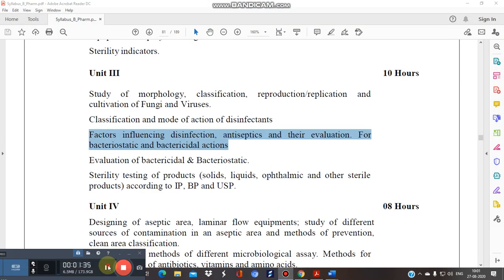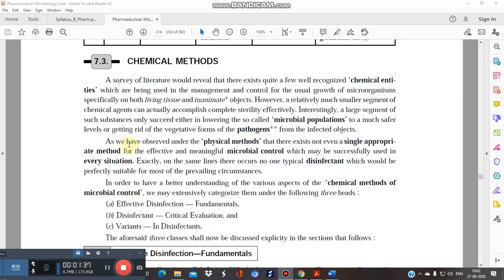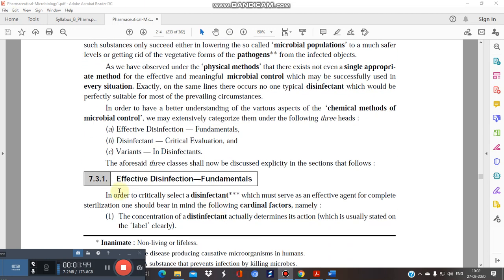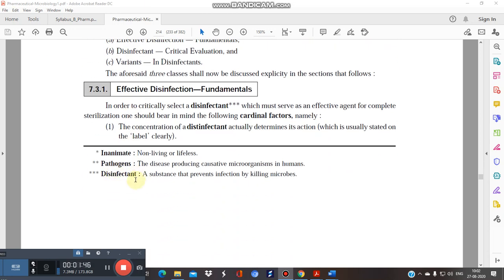So let's start. Let's discuss some of the chemical methods that we have already covered. In chemical methods we have covered different types of disinfectants, and we all know a disinfectant is nothing but a substance that prevents infection by killing microorganisms, and these cannot be applied to the skin, so they are applied to inanimate objects, or you can say lifeless objects.